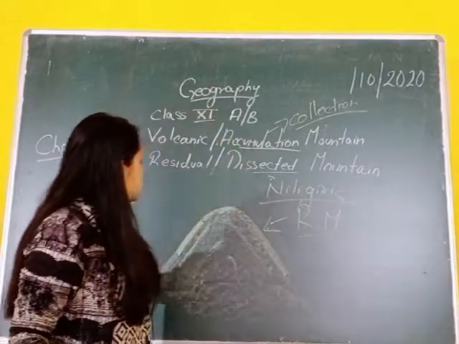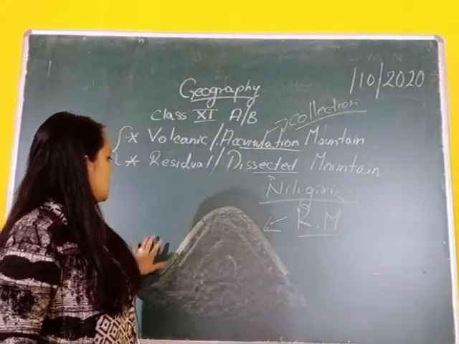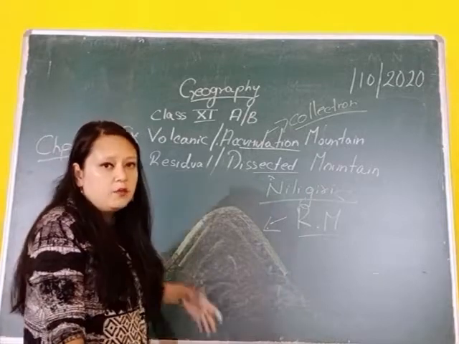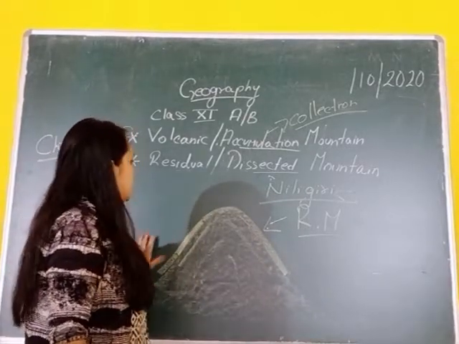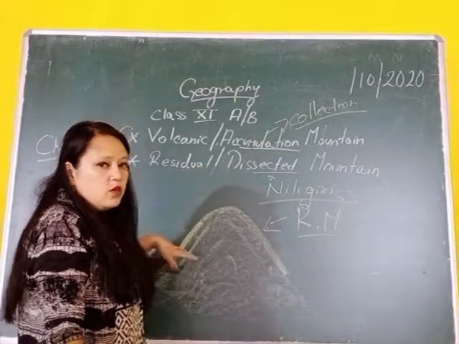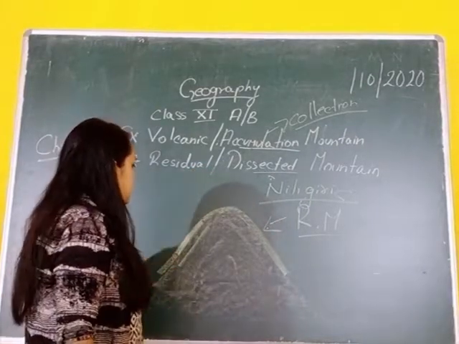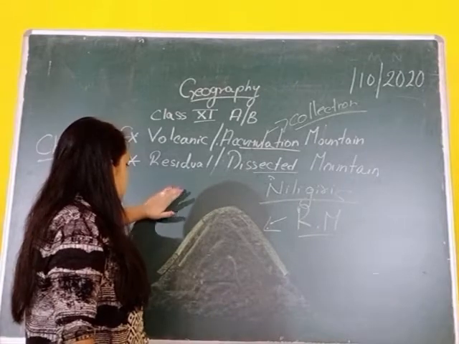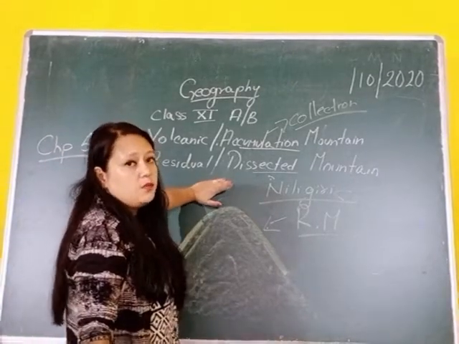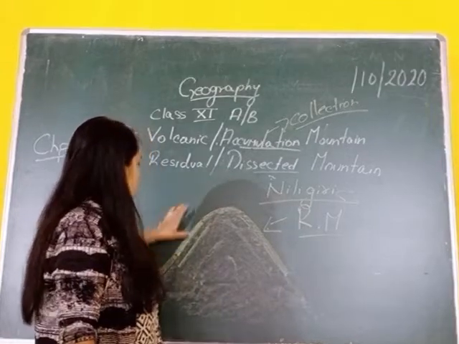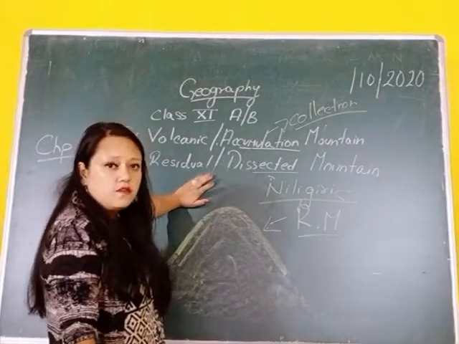Now in this part you will be asked to explain the formation of this type of mountain. So you have to say that initially, before the development of human society, these mountains had great heights, and the exposed part was soft in nature.